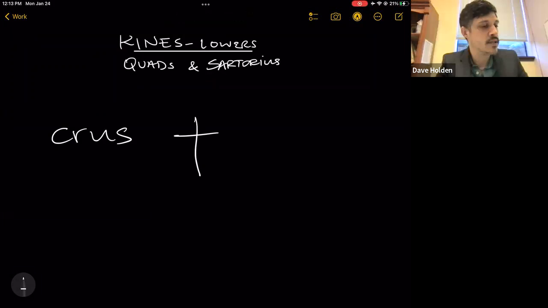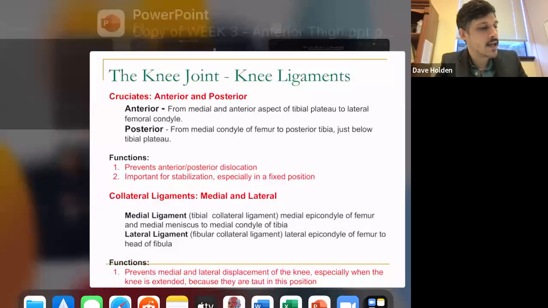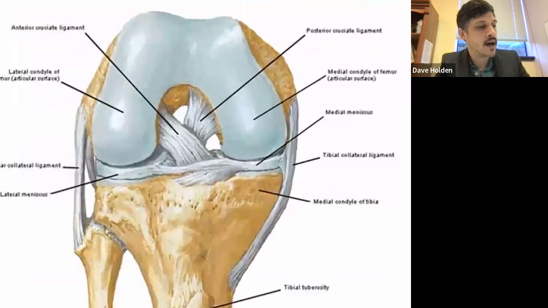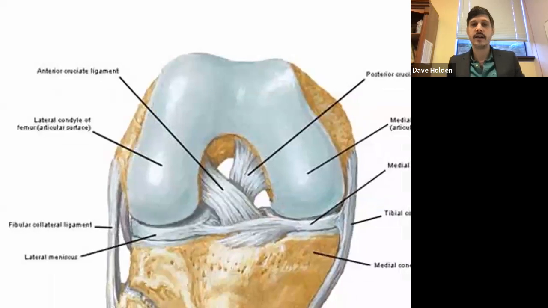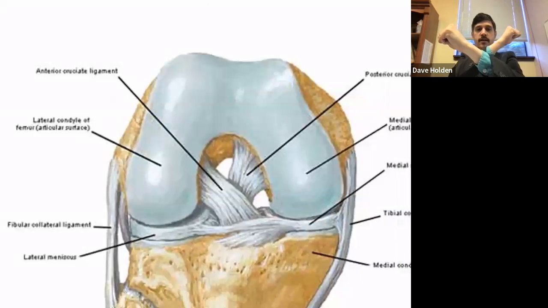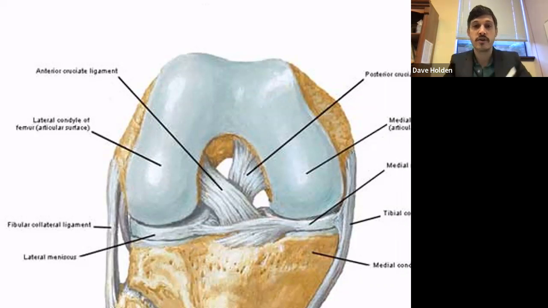When we look into the knee, we will see a set of ligaments that crisscross each other. One of them sits in the front, one of them sits in the back. So we have our anterior cruciate ligament and the posterior cruciate ligament. Football fans, you've heard of these before, those career-ending injuries to the ACL or the PCL.